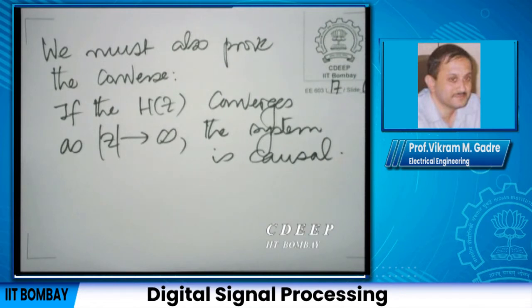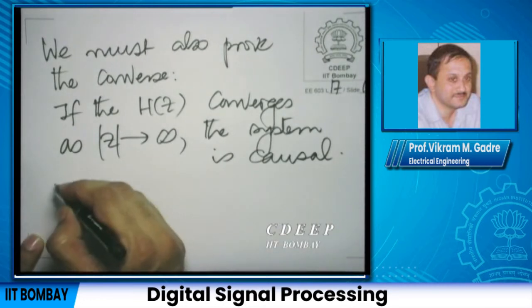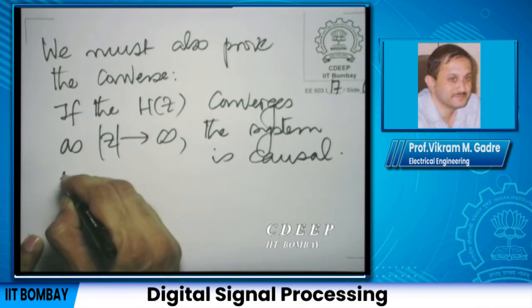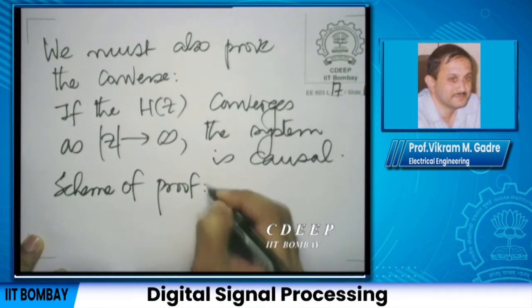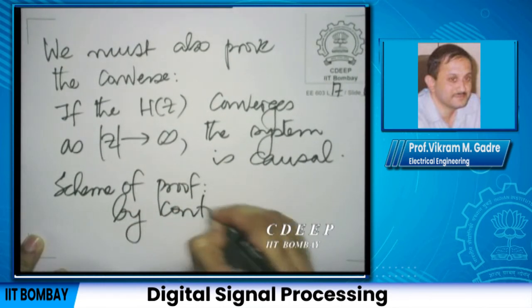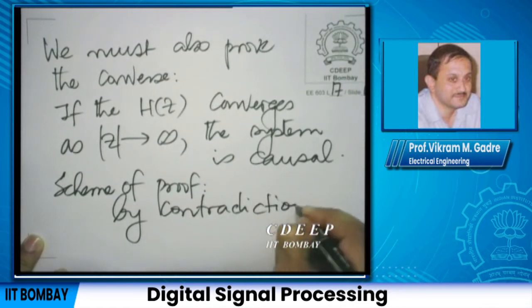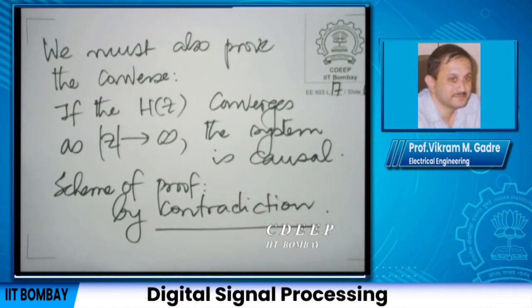Now, the scheme of the proof is essentially that we can prove it by contradiction. We assume that H(z) converges as mod Z tends to infinity, but we dare to assume that the system is not causal, which means that it has some non-zero samples on the negative side.